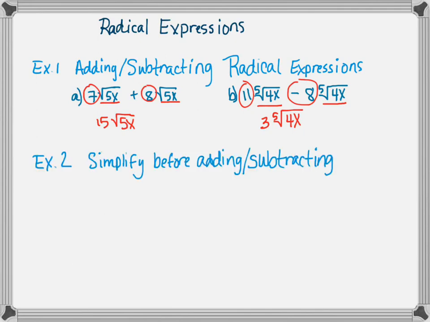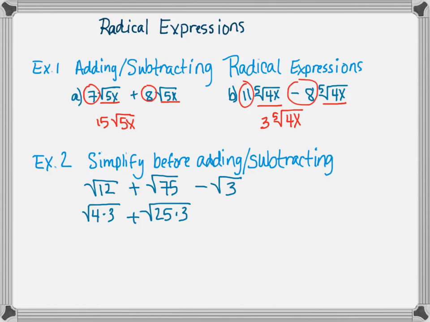Let's look at simplifying before we add and subtract. Radical 12 plus radical 75 minus radical 3. 12 we can write as 4 times 3, so we can rewrite this as the square root of 4 times 3. 75 we could write as 25 times 3.